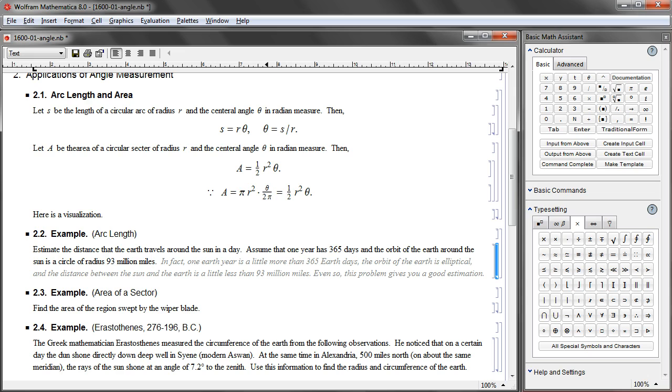Everybody knows the real orbit is elliptical, so it's a little different from 93 million miles, but the elliptical orbit is really close to a circle, so it's okay to use a circle. Also, the real Earth year is a little bit longer than 365 days, because of leap years and things like that.